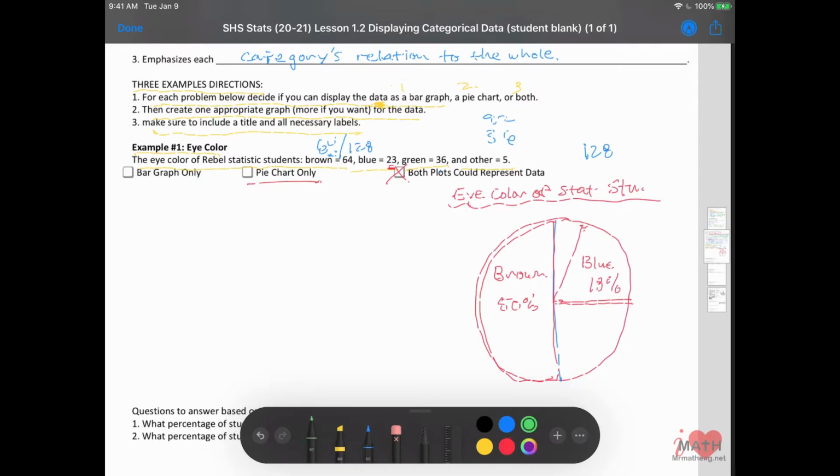If you ran out of space like I did, you can just say that this one is other at 4%. And this last one, I'm going to write as green at 28%. So this should be more than a quarter. Maybe something like that. Okay, so there is my pie chart.